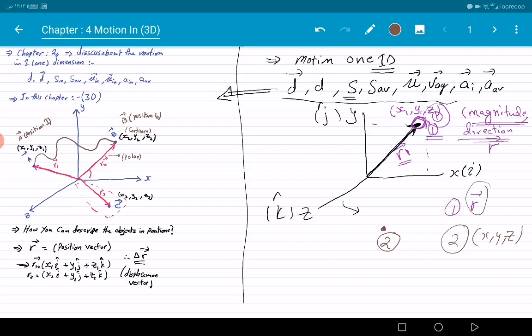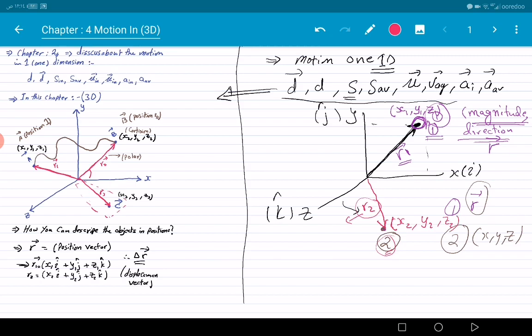So for point 2, I describe it by polar coordinate, r2, and then by Cartesian: x2, y2, z2. Why x2? Because it is point 2. So those are the points.